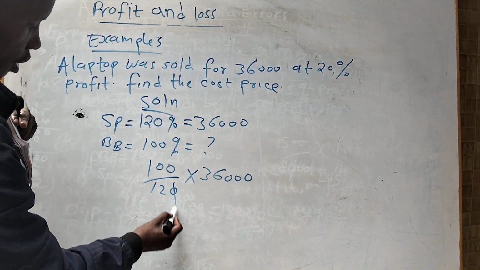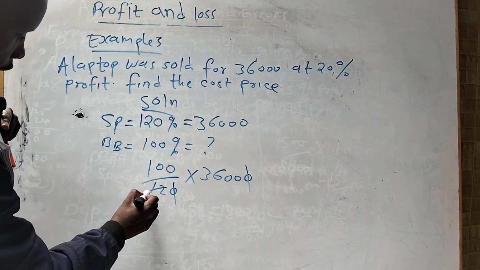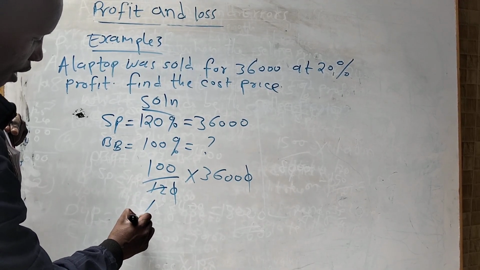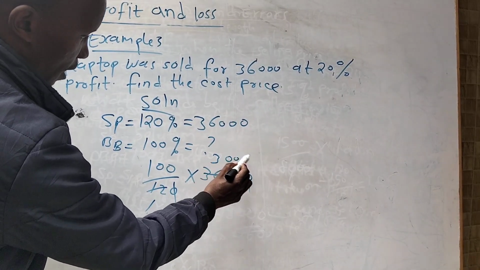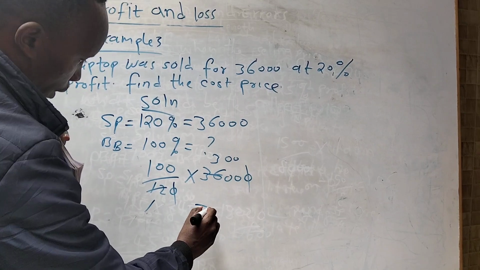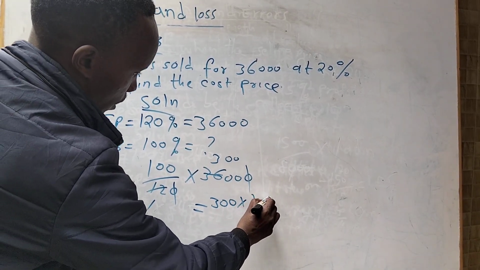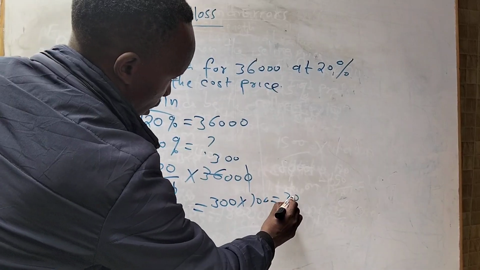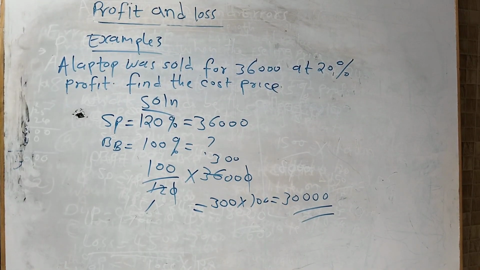So we can dismantle this one and this one. 12 cancels here itself 1 times, and here 3 times. So this is 300. So our buying price will be 300 times 100, which will give us 30,000. That's how we do it.